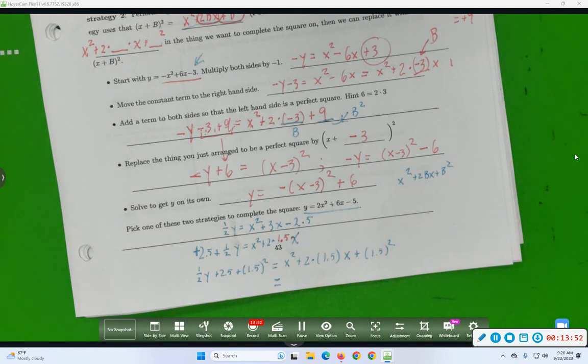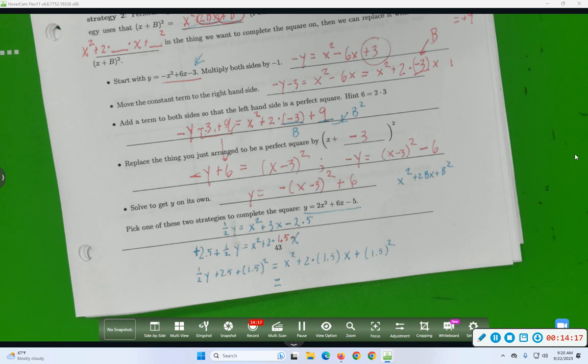All right. Is the stuff on the right-hand side of that equal sign now a perfect square? How would you rewrite the stuff on the right-hand side?